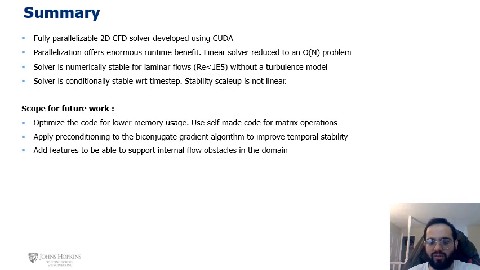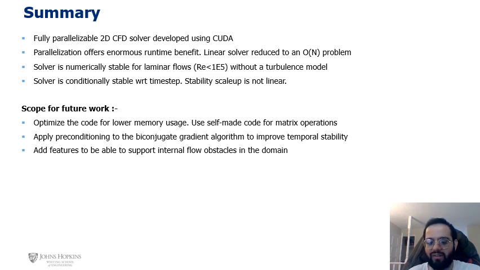Now there is, of course, a lot of scope for future improvements with this algorithm. First of all, as I said, as I was running out of usable memory, this code can be optimized for using less memory. There are a lot of steps that I've identified where I am using unnecessary memory, and those could be improved.